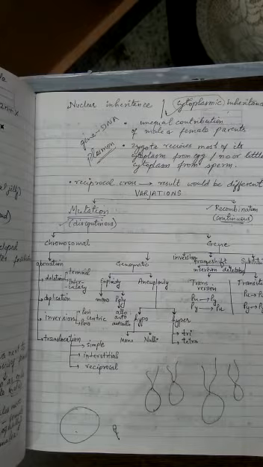And the fourth method possible for chromosomal aberration is translocation. Translocation can be simple translocation, or interstitial translocation, or reciprocal. What is translocation? Moving from one chromosome to another chromosome, and that also a non-homologous chromosome.